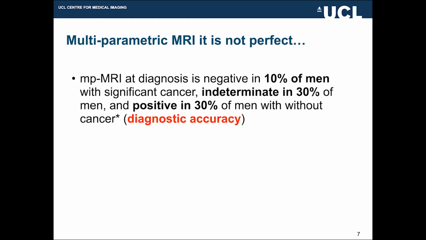If you set a threshold of 4 and 5 as positive, you'll find that 30% of men will go on to have a biopsy and will not have tumour. Whereas if you look at the scores of 2 out of 5 and below, those negative men, 10% of men in that group do actually have tumour. So there is still a diagnostic accuracy area that needs to be improved.